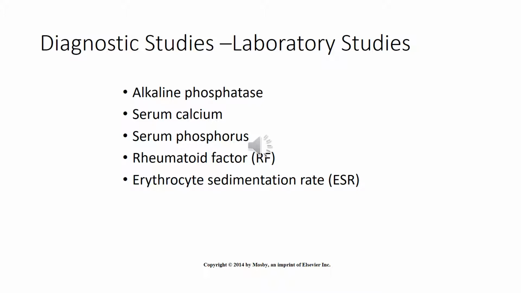So just because somebody has a positive rheumatoid factor, it's pretty indicative that they have rheumatoid arthritis, but not necessarily. And just because somebody does not test positive for rheumatoid factor doesn't mean they don't have rheumatoid arthritis either.